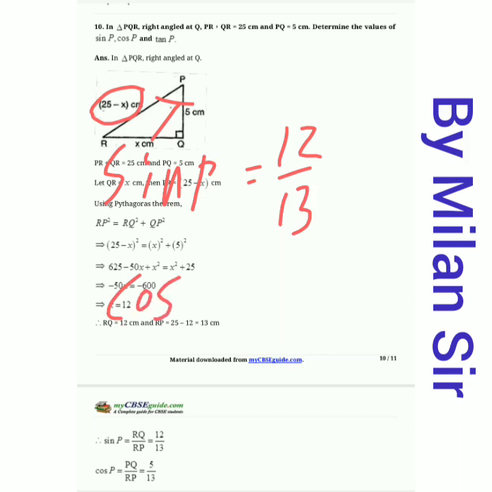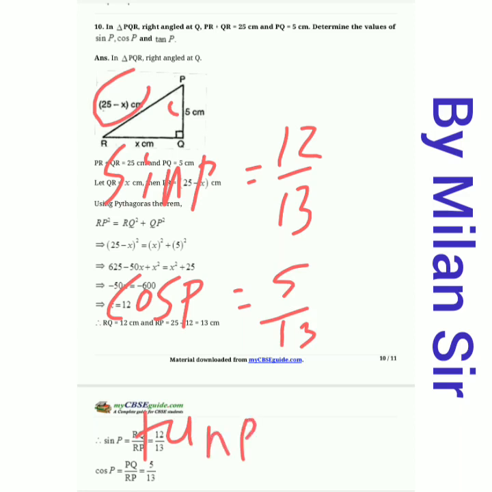Then cos P, again P is a reference angle, adjacent side 5 upon hypotenuse 13, and then tan P, again P is my reference angle, opposite side QR, it's 12, and adjacent side 5, so 12 by 5. So I got these three values, sine P is equal to 12 by 13, cos P is equal to 5 by 13, tan P is equal to 12 by 5.